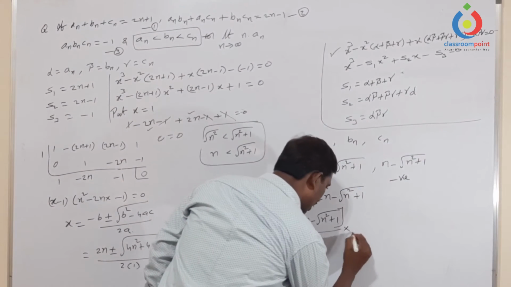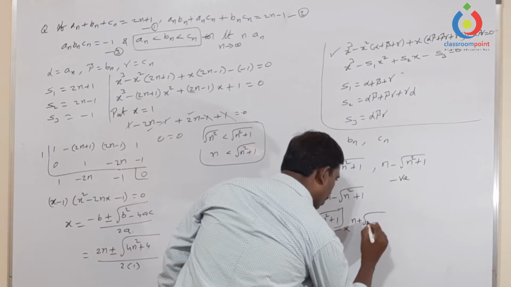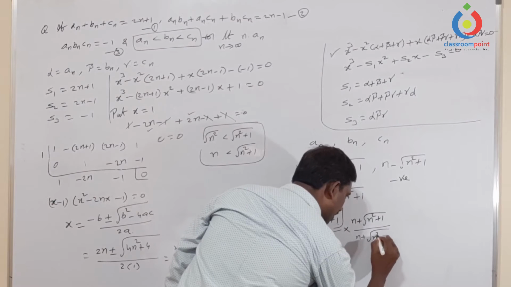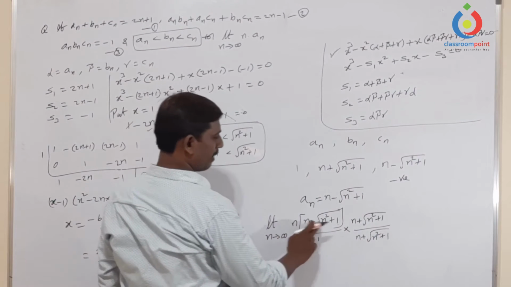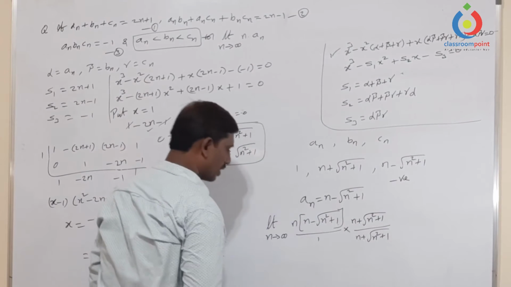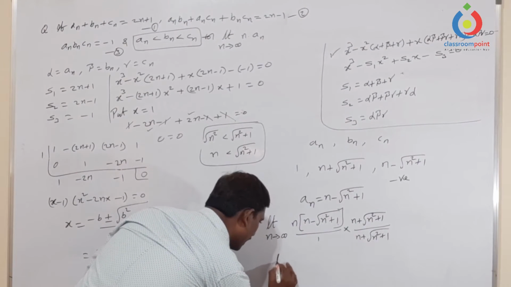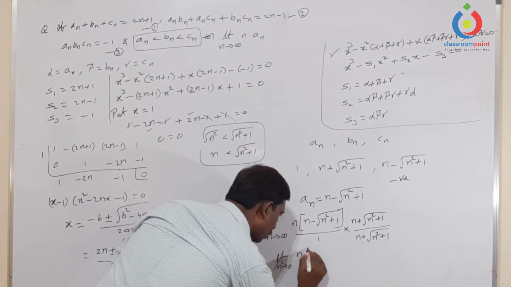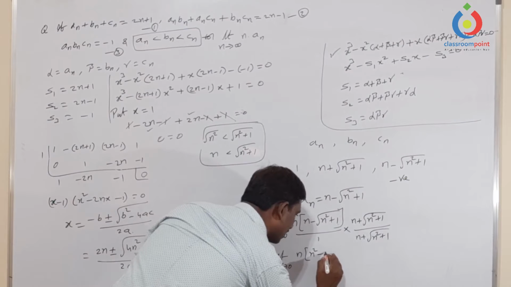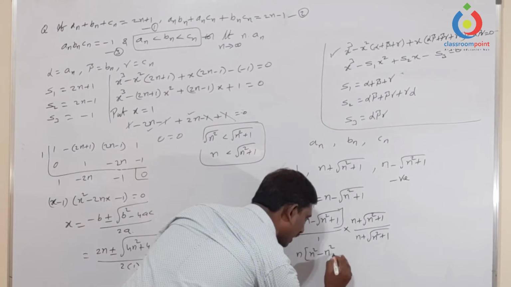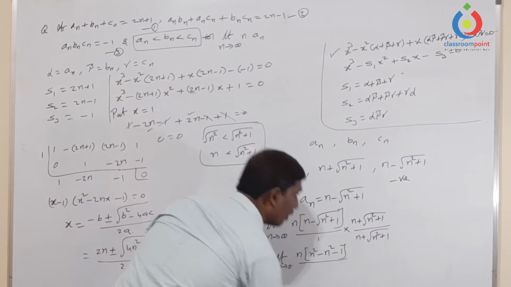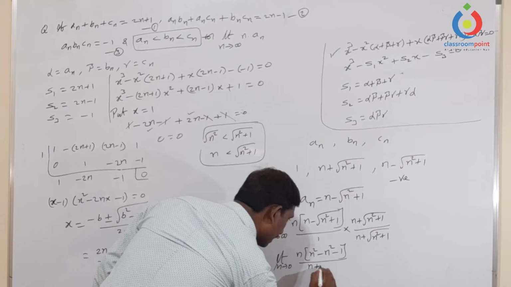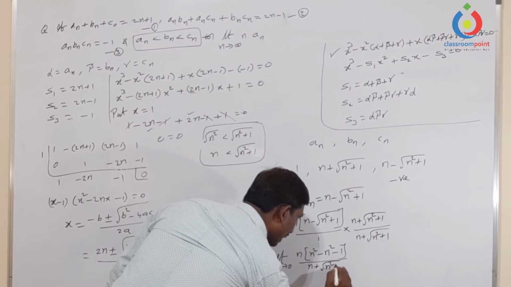By using the rationalize method, multiply by n plus under root of n square plus 1 over n plus under root of n square plus 1. Then a minus b into a plus b is a square minus b square. So limit n tends to infinity, n is outside, this is n square minus the root cancels, minus n square minus 1 inside, whole divided by n plus square root n square plus 1.